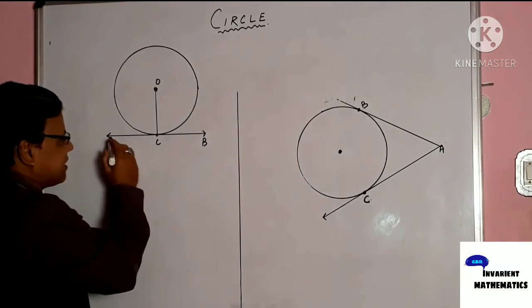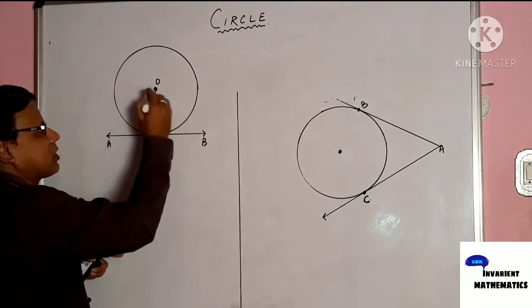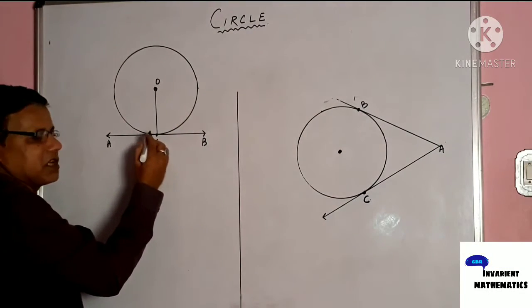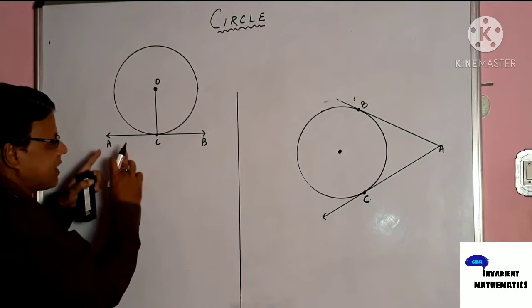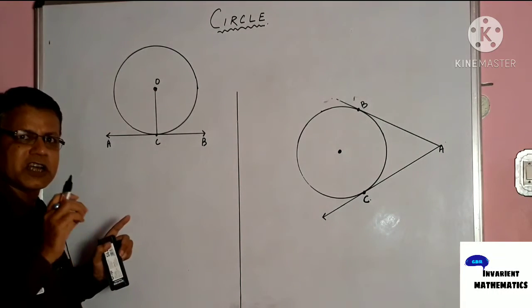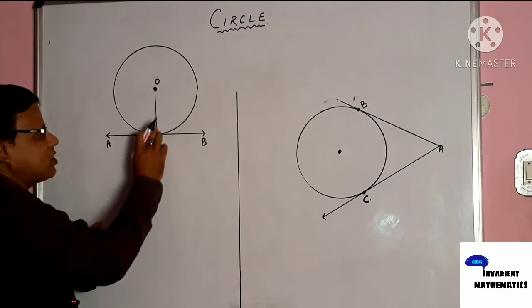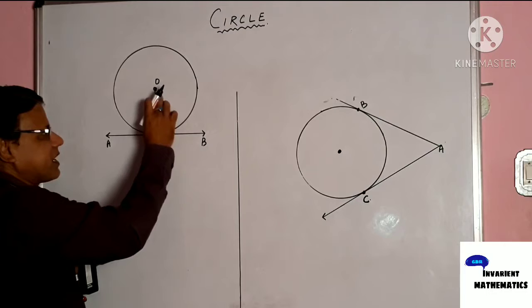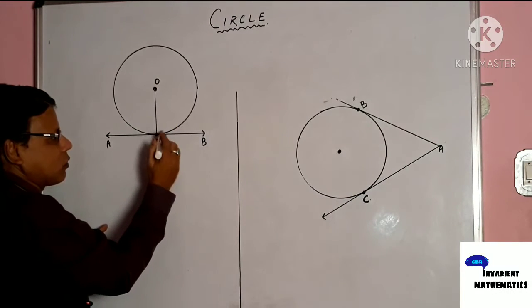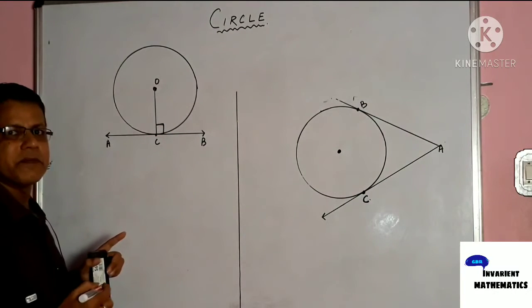I am taking here a tangent to a circle with center O at the point C. Means AB is a tangent at the point C. So C is considered as the point of contact. That means if we join OC, we get the radius. So we have to prove that OC is perpendicular to AB.